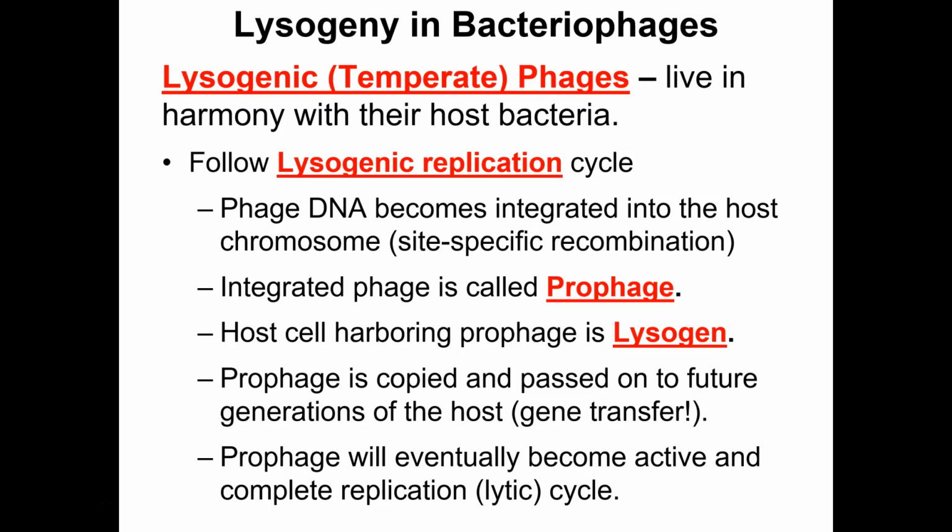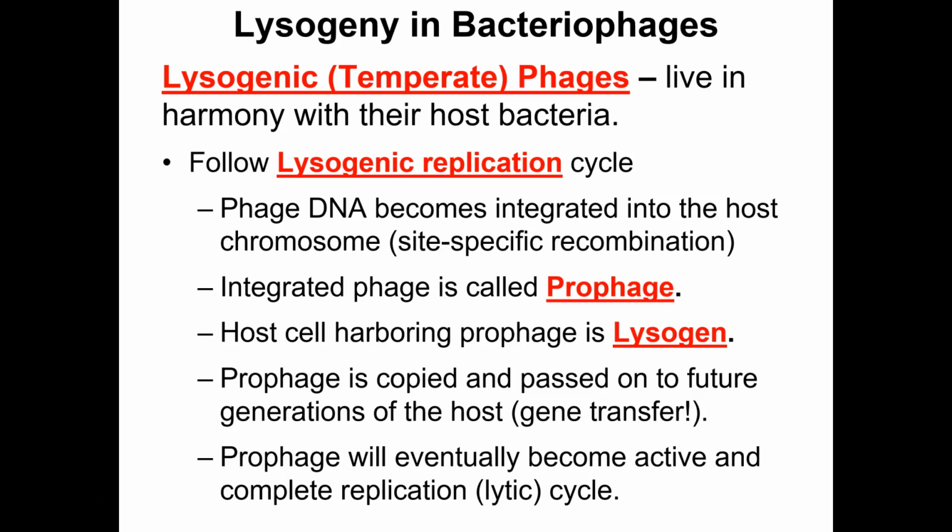But before we get into that, we have to talk a little bit about the viruses that are capable of the lysogenic cycle. Lysogenic or temperate phages. So, again, these lysogenic viruses can do anything a lytic phage can. They can go through a lytic cycle, or they have the ability to go dormant.